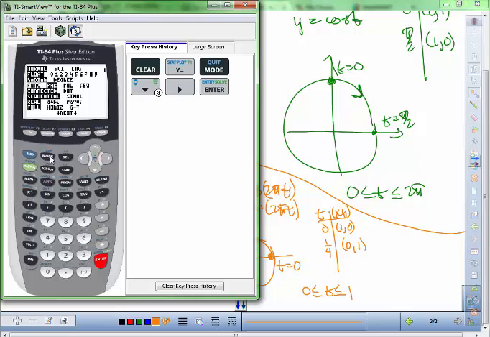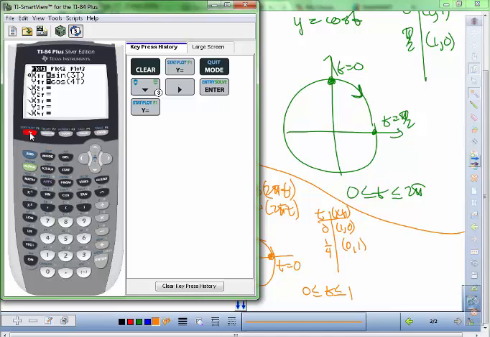So select the PAR for parametric, and then you should be good to go. When you press y equals, you see how it looks different already. It doesn't say y1 equals something. It says x1t equals something, y1t equals something else.